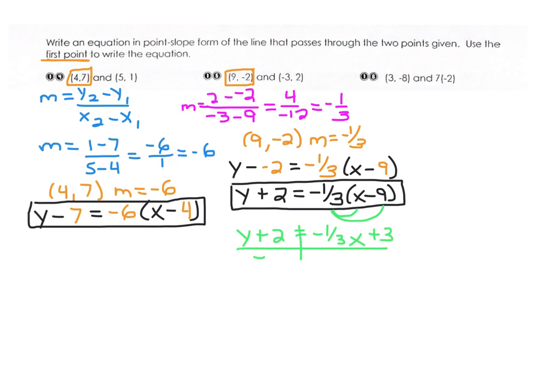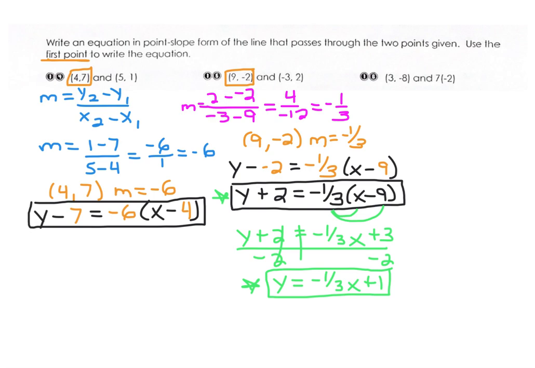When we subtract 2 from both sides, that would give us y equals negative 1/3 x plus 1. Just to see it back into slope-intercept form. And if we wanted to check to prove that those in fact both are the same, we can always go back to our best friend Desmos and plug in both the point slope form and the slope-intercept form and see that they would create the same line.